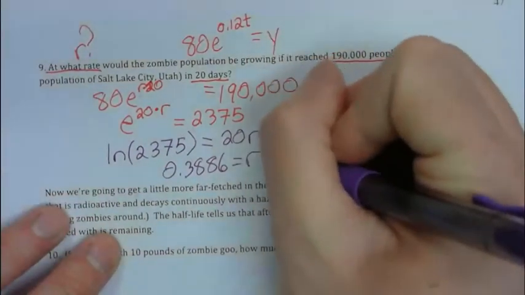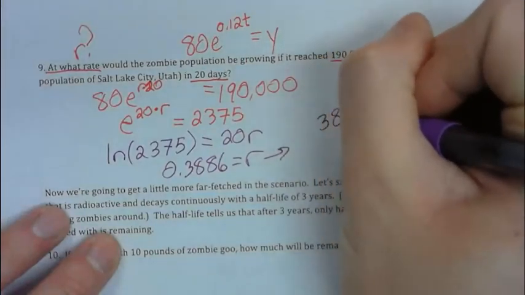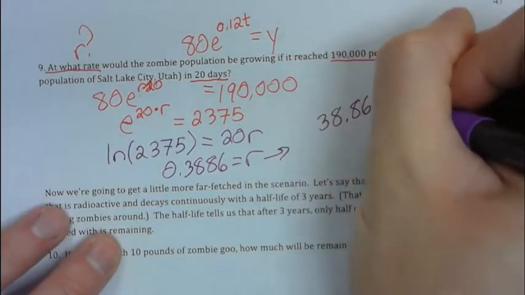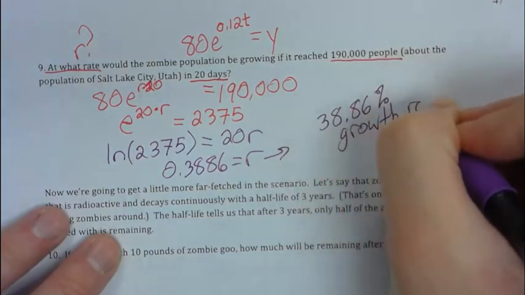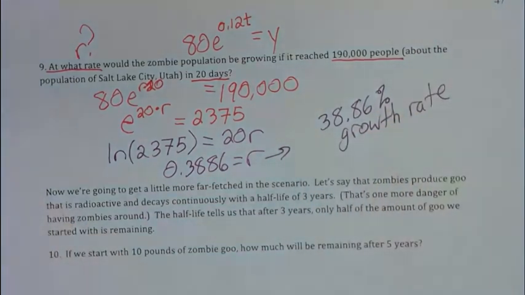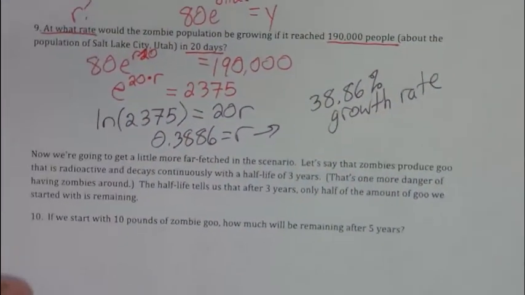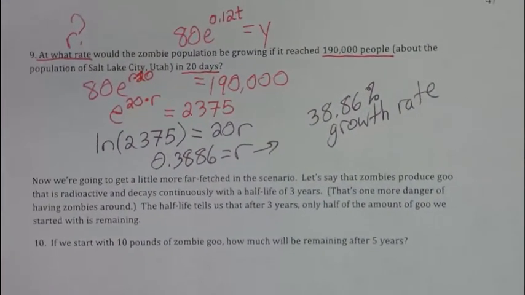So this as a percent would be 38.86% growth rate, which would be much faster because our growth rate of our zombie situation before was only 12%. So 38% is more than 3 times faster of a growth rate, which would be much more devastating to your Los Angeles population and maybe kind of overrun with zombies.